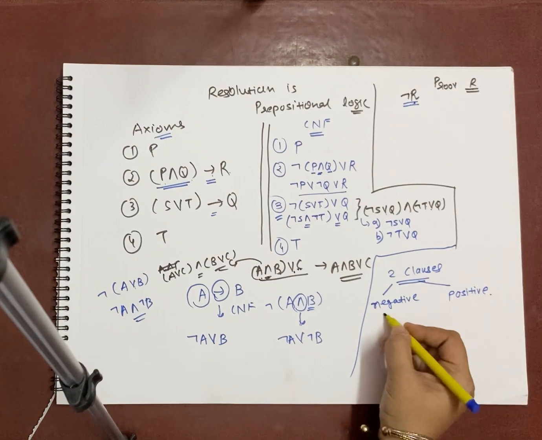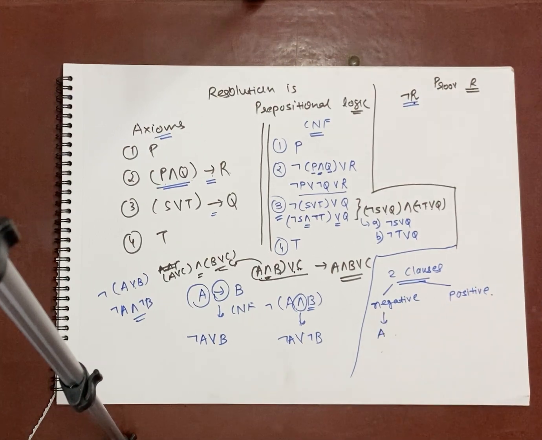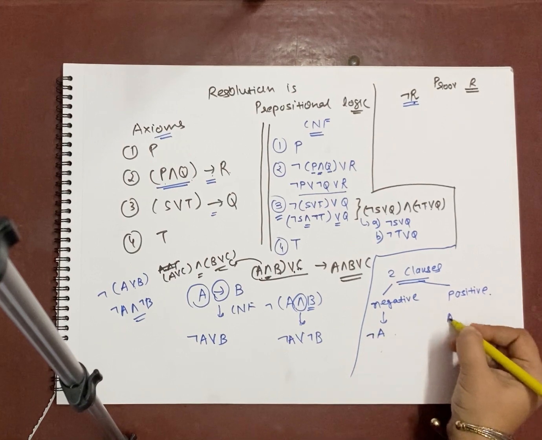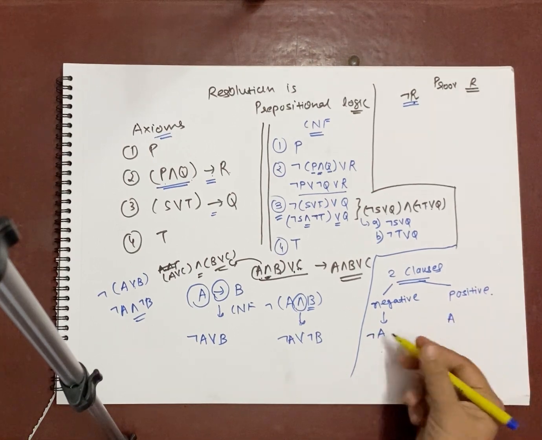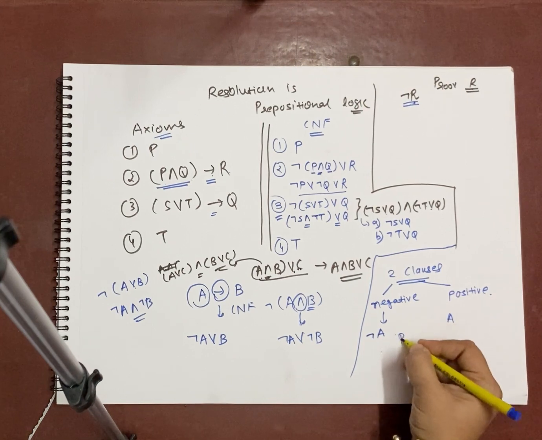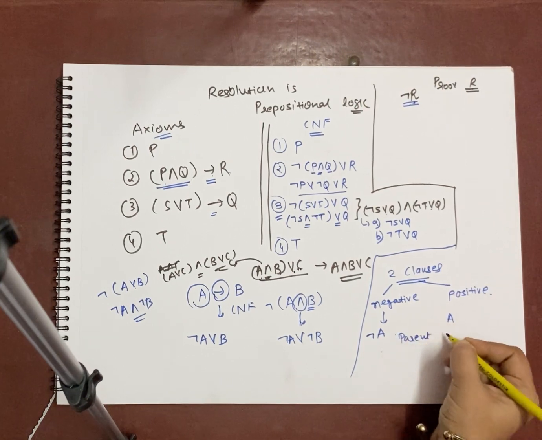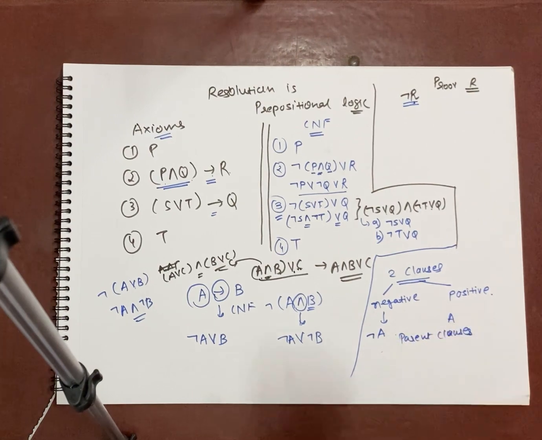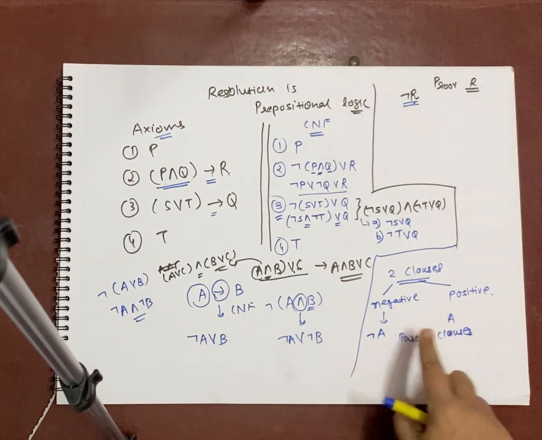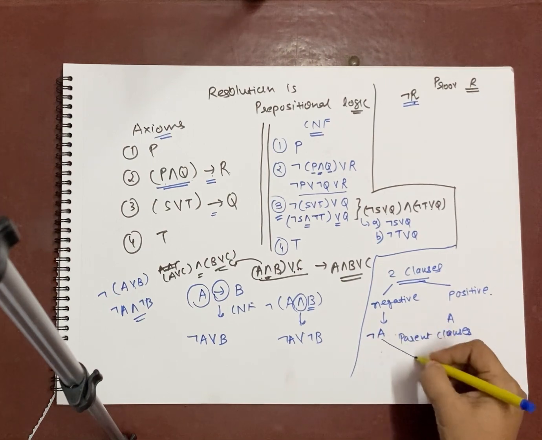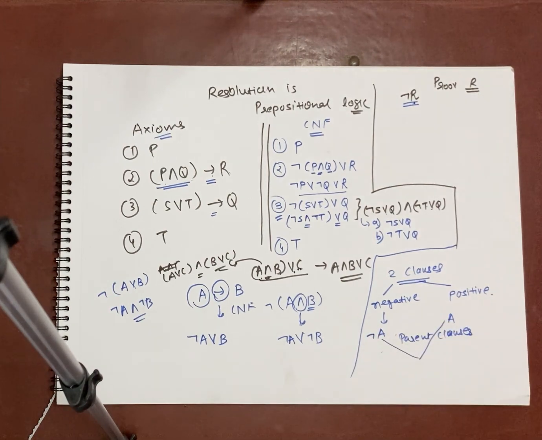So if you have one clause as negated A, the other should be A. If these kinds of clauses are there, we are going to take them and call them parent clauses. We will select such clauses such that one of them is negated, one of them is positive, and we will couple them and call them parent clauses, and we will apply resolution between them.